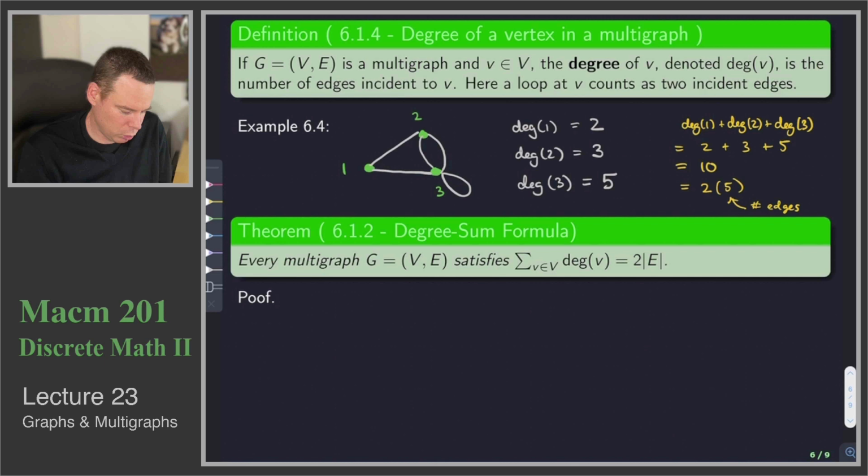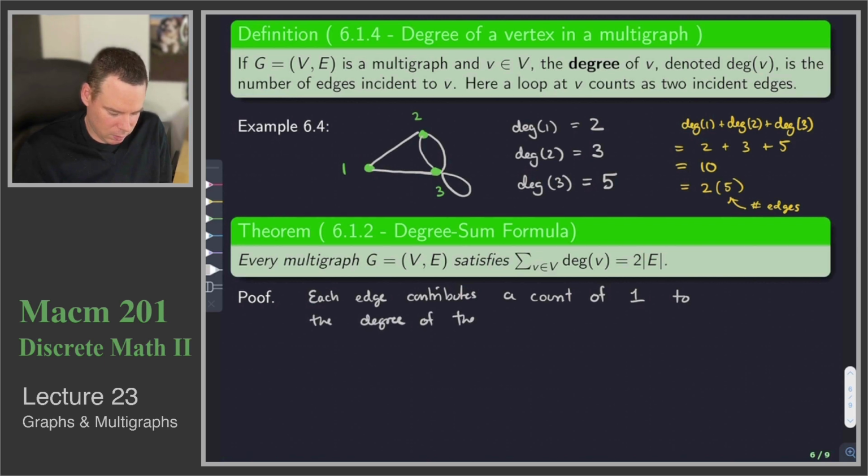And so what we can do is we can just prove this theorem. How are we going to prove it? Well, we're going to just notice exactly what we did up above. We're going to say each edge contributes a count of 1 to the degree of the vertex it is incident to.